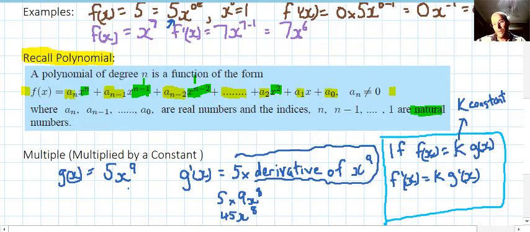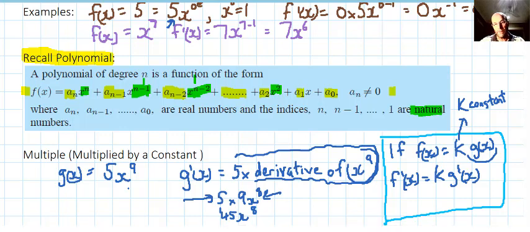If f of x is a constant times some other function, the derivative is that same k times the derivative of that function. Alright, and need to get a note of that, and that's what we did there, because there's the constant and there's the derivative of that function x to the power 9, and we put it together, multiplied together, and 5 by 9 made the 45. So that's an important one. So in other words, you can take the derivative of the function and just leave the constant separated as such and then multiply it through at the end.